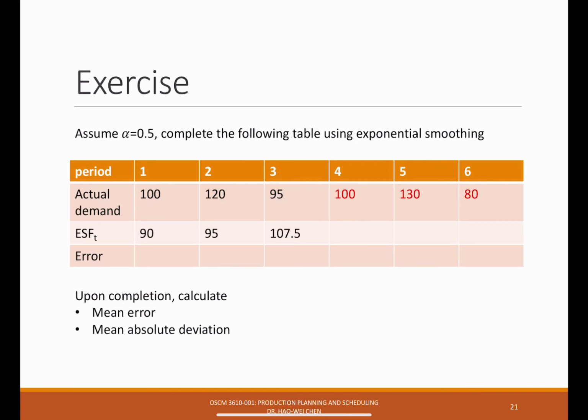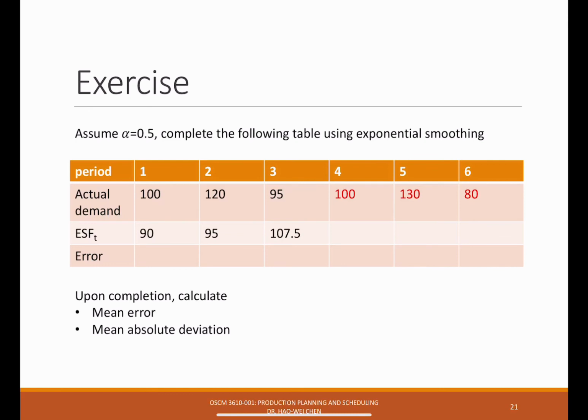So let's try to solve a problem together to see if we know how to do it. Let's assume the alpha is equal to 0.5, and we want to complete the following table using exponential smoothing. The first thing we want to do is to calculate the forecast result.